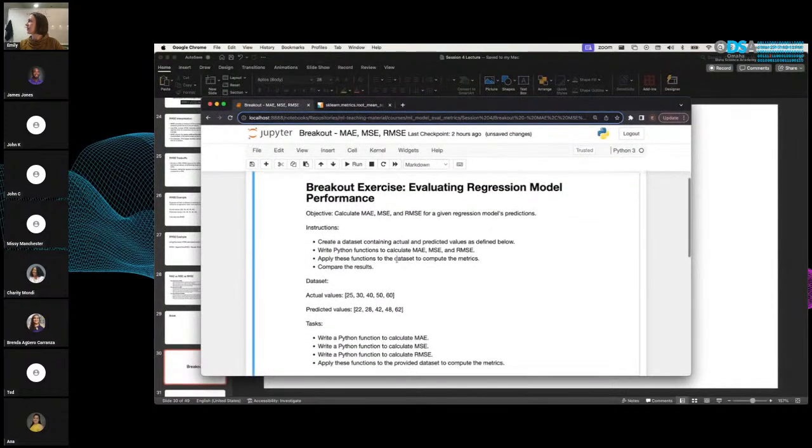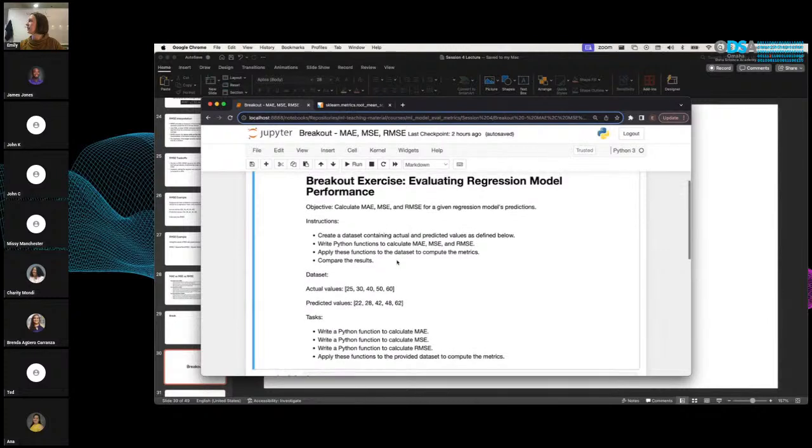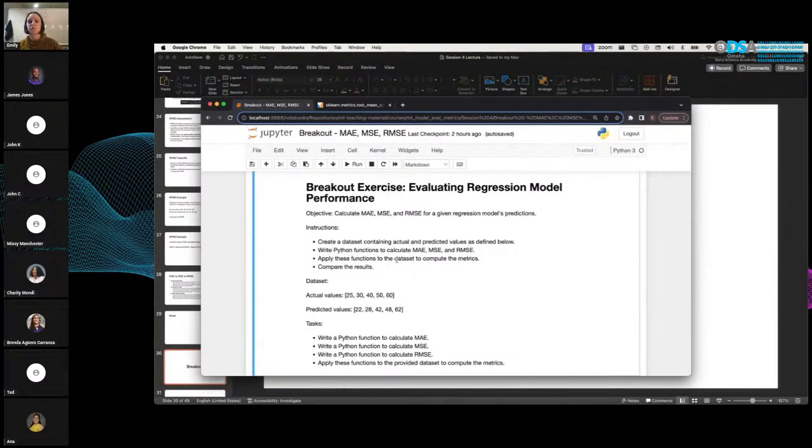So anyways, does anybody want to share what they came up with or what they calculated for these exercises, for one or all of these?